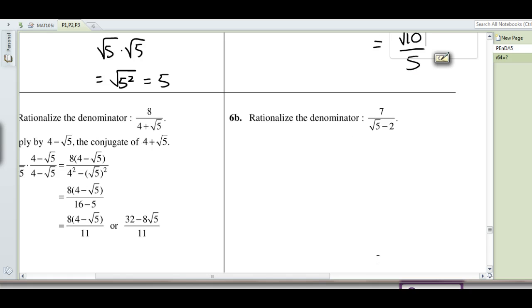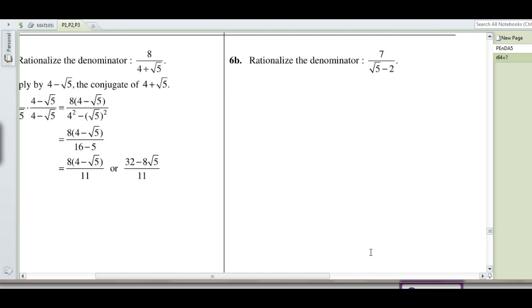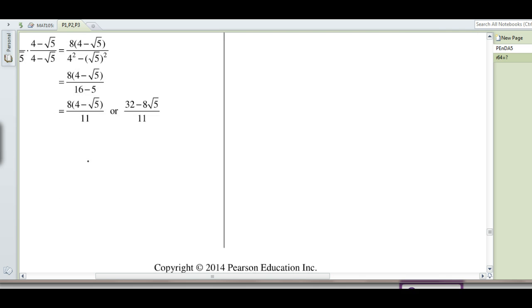Here's a cool one. Whenever you have something that looks like a square root and a regular number added or subtracted, we're going to have to multiply by what's called the conjugate. Let me define the conjugate.